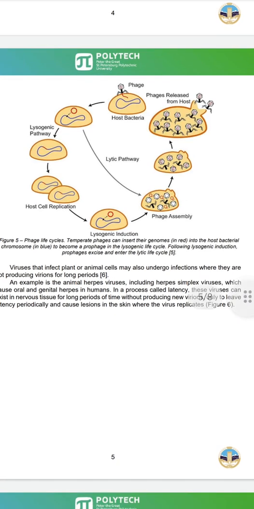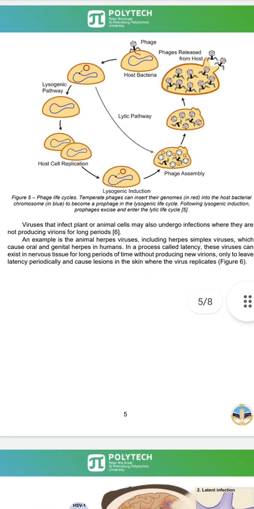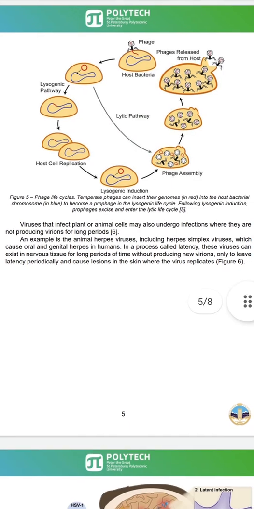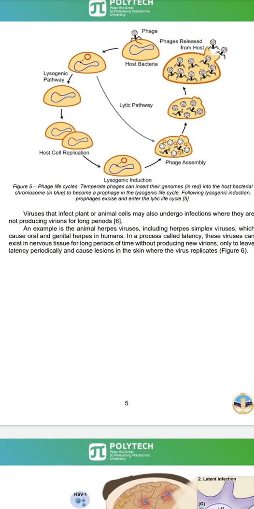Viruses that infect plant or animal cells may also undergo latent infection, where they are not producing virions for long periods. An example is the animal herpes virus, including herpes simplex virus, which causes oral and genital herpes in humans.